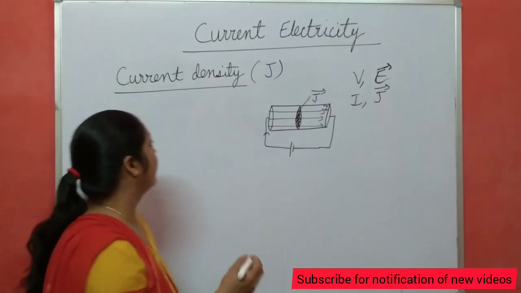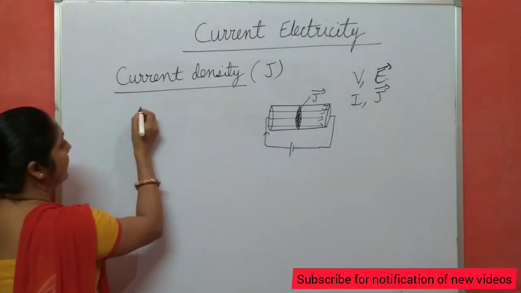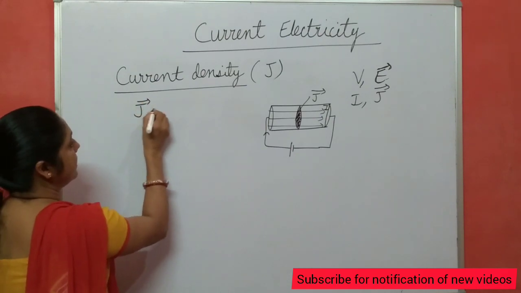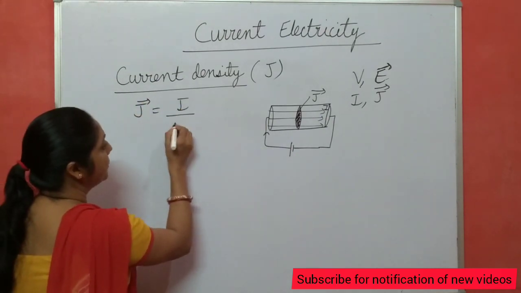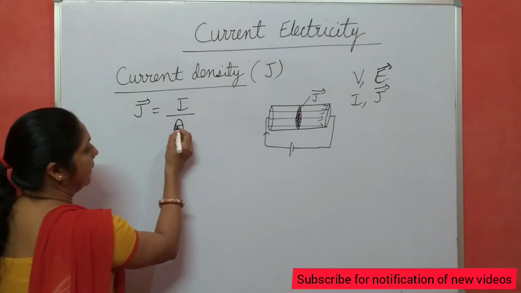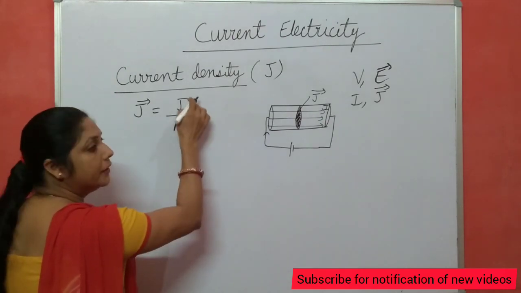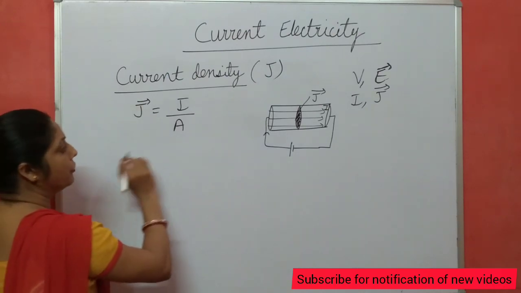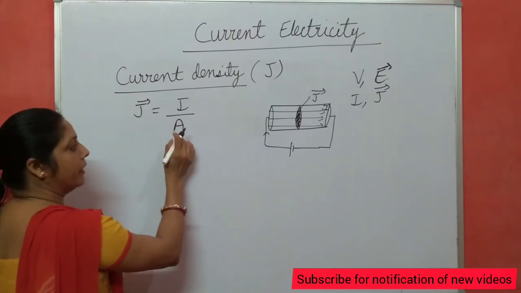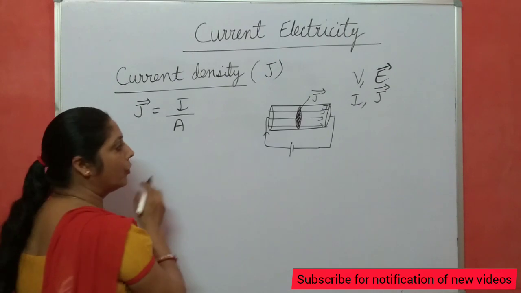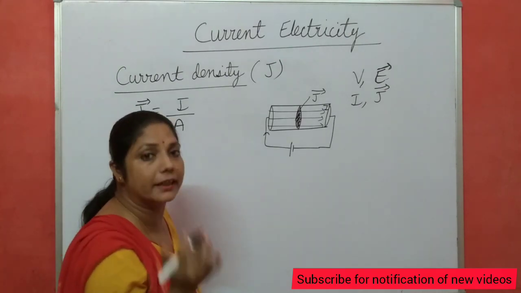So you can write current density in this way. Current density is current per unit area, provided this area is normal to the direction of current flow.